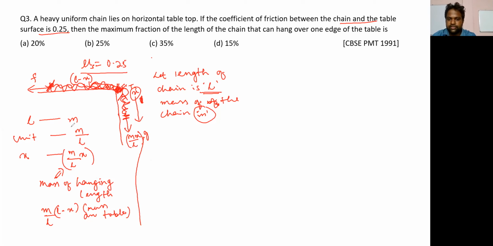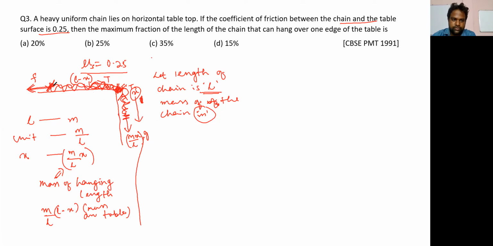It's like a string, so the tension is upward. Now again the friction will be to the left side, and the tension on the upper portion of the chain is to the right side.